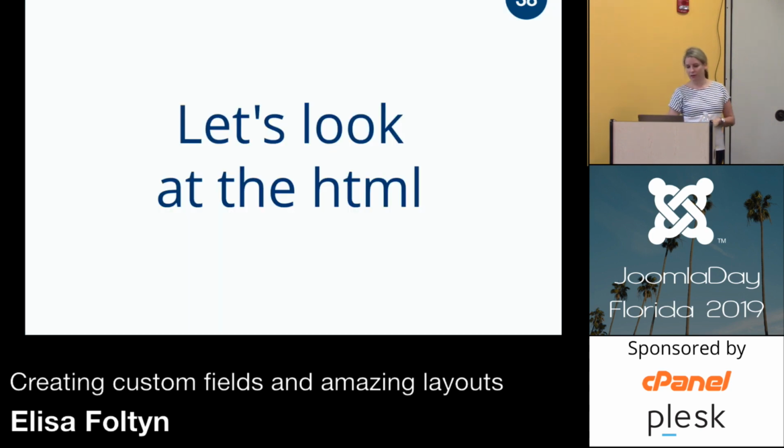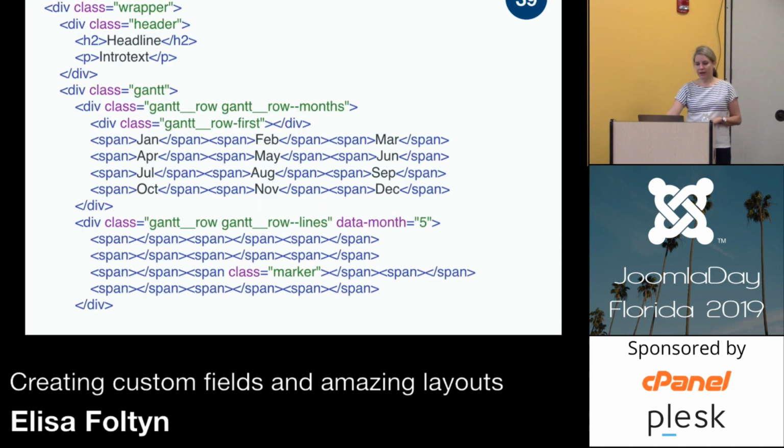Let's look at the HTML. There's a wrapper with a headline and an intro text. Then we have some div containers and spans with the names of the months. Afterwards, there are some spans, you see there's a marker in there, that are the spans that define the columns.